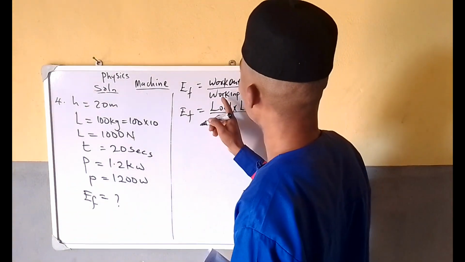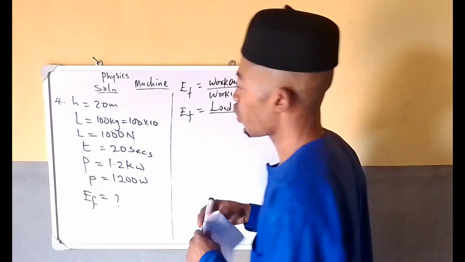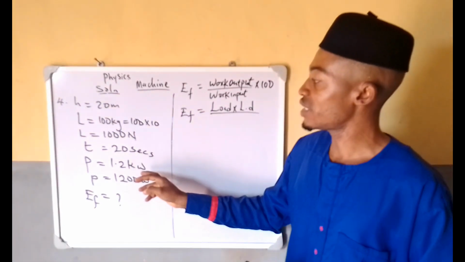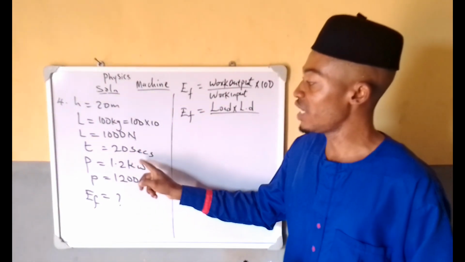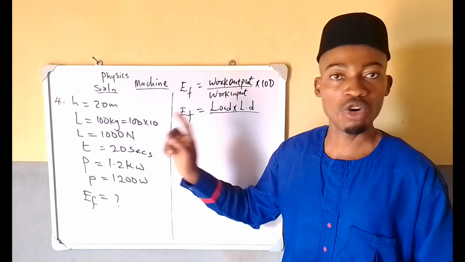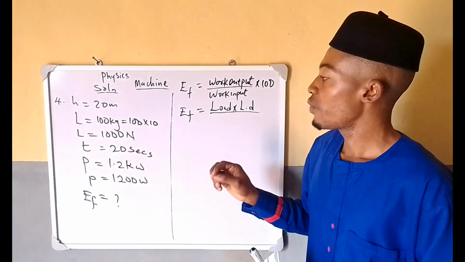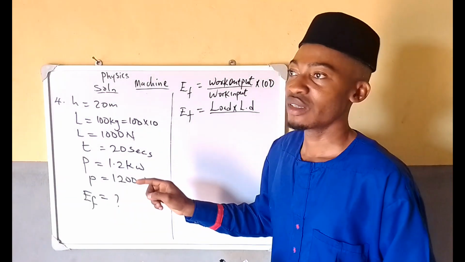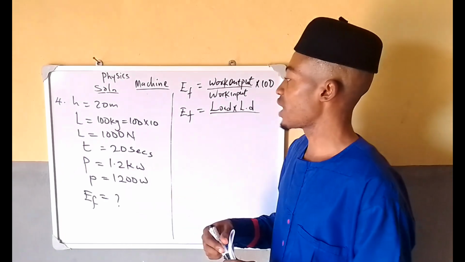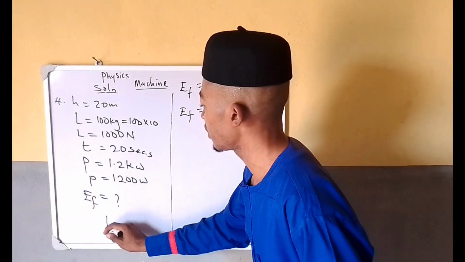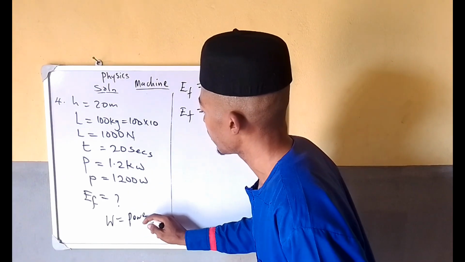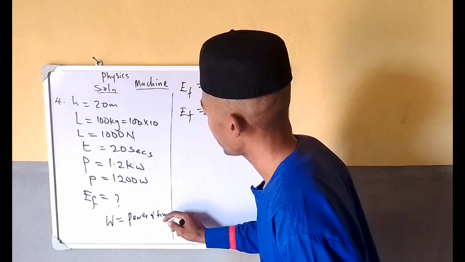Then what is the work input? Work done on the machine. And we are told that the engine that is driving the lift has a power of 1.2 kilowatts. And when you are to deal with power in relation to work, you discover that work is equal to power times time.